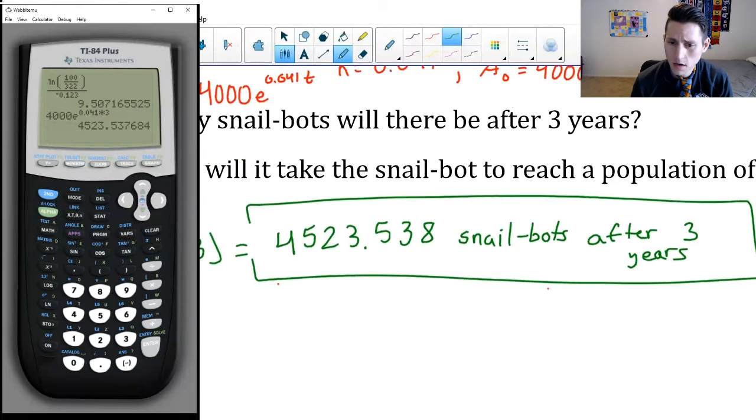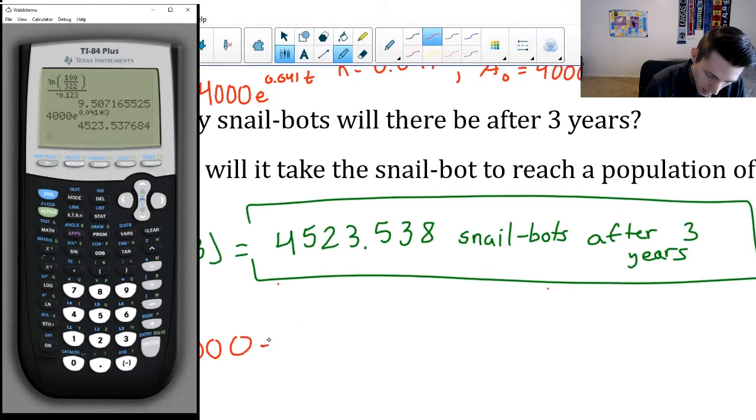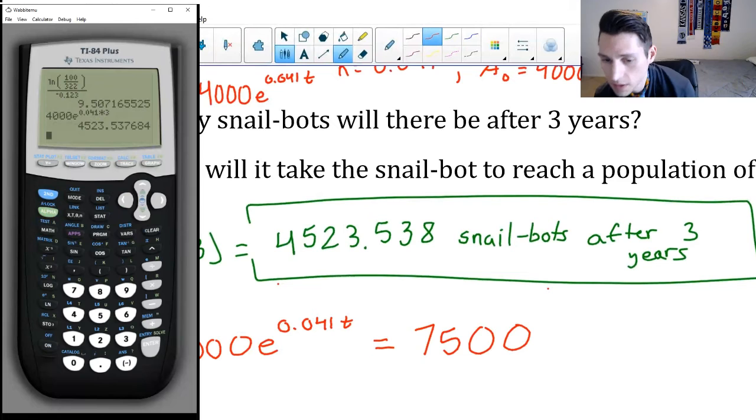And part B, how long will it take for the snail bot population to reach 7,500? Okay, so this is like our last slide that we did. So I'm going to take my formula, 4,000 e to the 0.041t, and set it equal to 7,500, because that's what the question is asking: how long will it take to reach this amount?